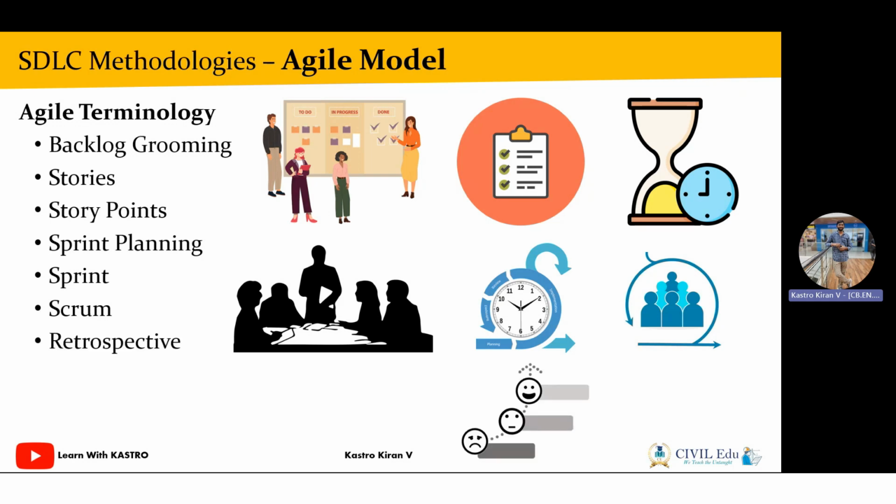Retrospective is nothing but review meetings after each sprint gets completed, to see whether the sprint is successful in the deployment stage, the testing phase or the development phase. So retrospective is nothing but review meetings which happen after the completion of each sprint. So these are the different terminologies that are involved in the Agile methodology.